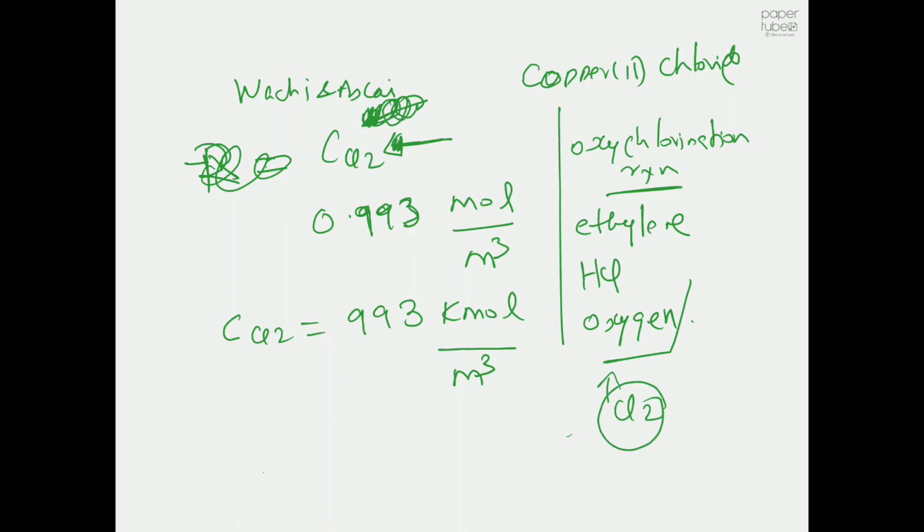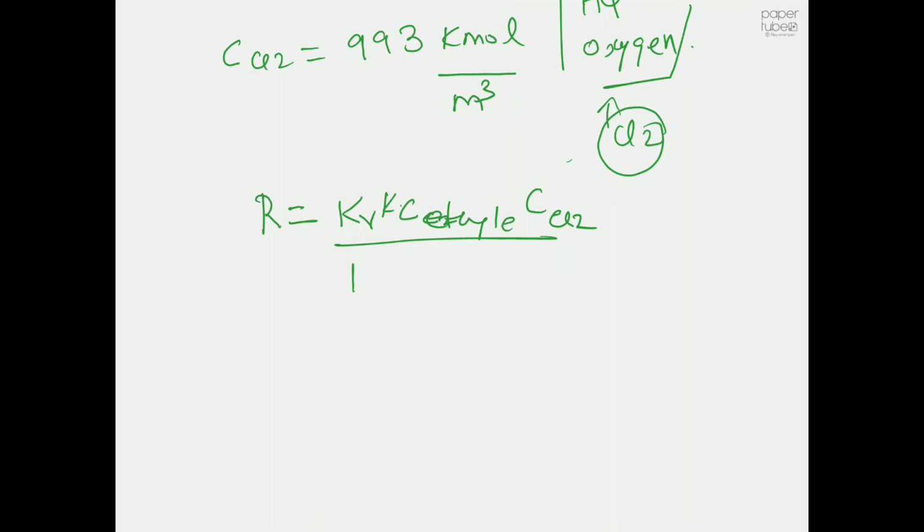So the rate is, let's write, ethylene, C of Cl2 divided by Ka, 1 plus Ka, concentration of ethylene. This is the concentration of chlorine in your catalyst.